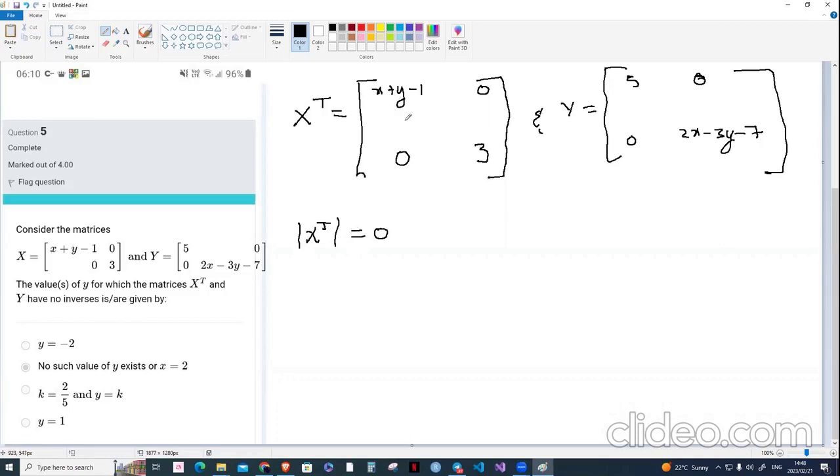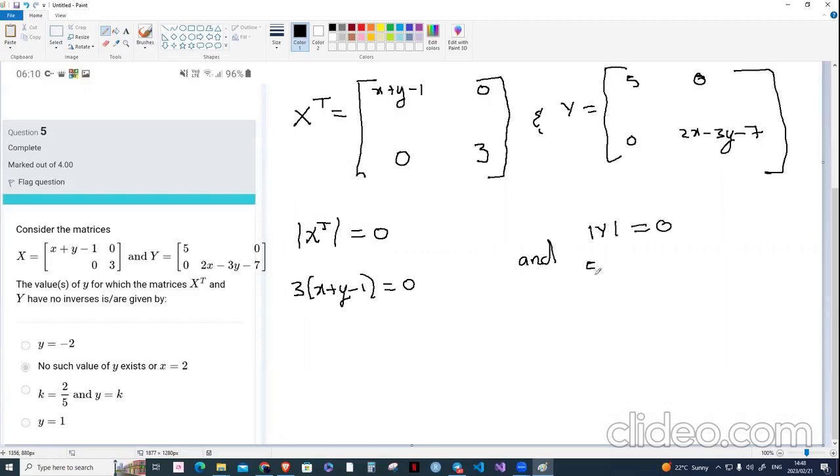And what is the determinant? Determinant of a 2 by 2 matrix is just you multiply this diagonal, subtract the multiplication of the reverse diagonal. So this diagonal is 3x plus y minus y minus 0, which is nothing. So this must be equal to 0. And the determinant of this side as well must be equal to 0.